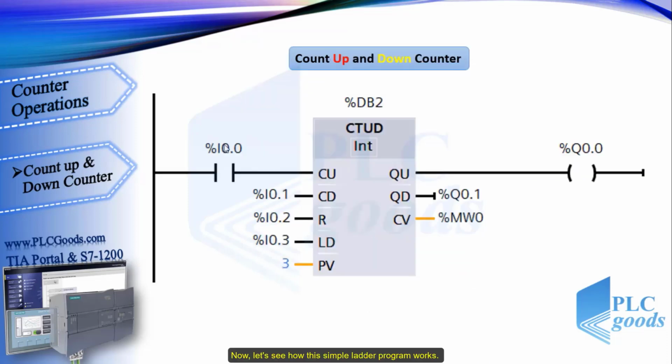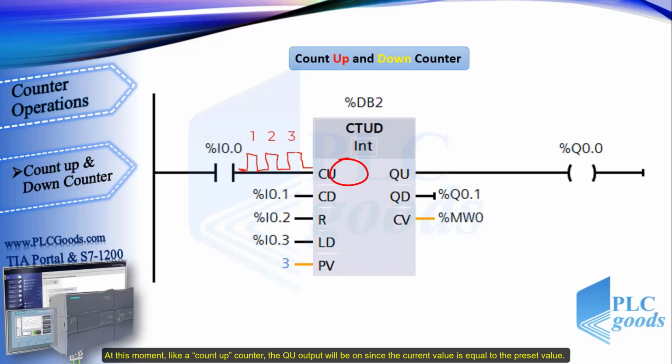Now let's see how this simple ladder program works. Each pulse at the CU input makes the counter value increase. For example, it starts from 0 to 3. At this moment, like a count-up counter, the QU output will be on since the current value is equal to the preset value.